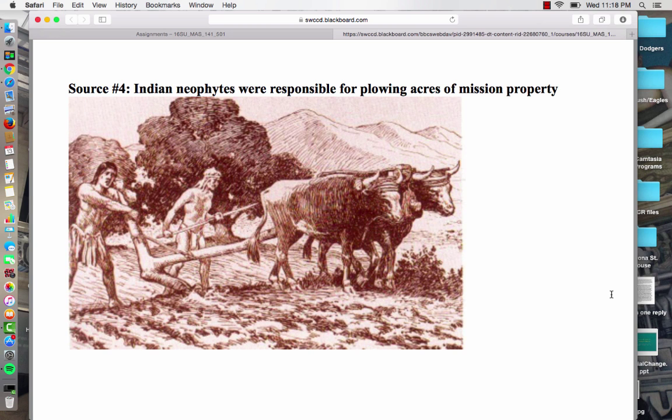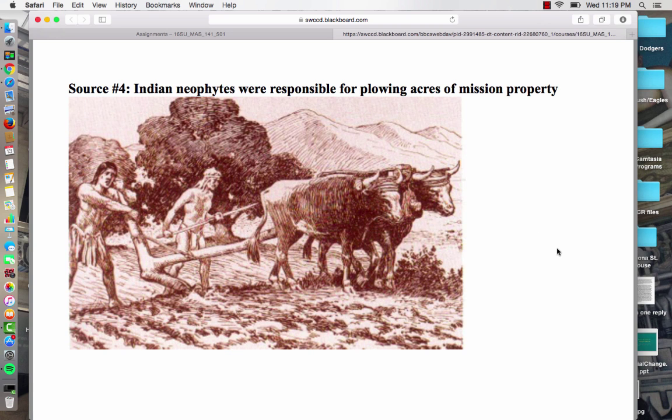The term for the Indians who were, shall we say, learning how to become Christian, being indoctrinated in not only Christianity but in the ways of the Spaniards, the ways of the Europeans, is the neophytes. As they were learning how to become Christians, they also learned how to tend to Spanish crops, and how to use draft animals or beasts of burden like these oxen here.